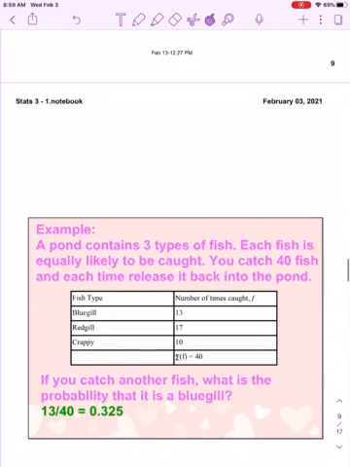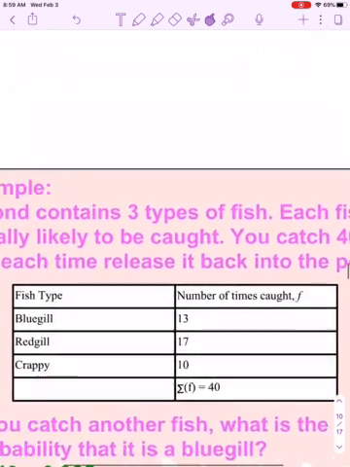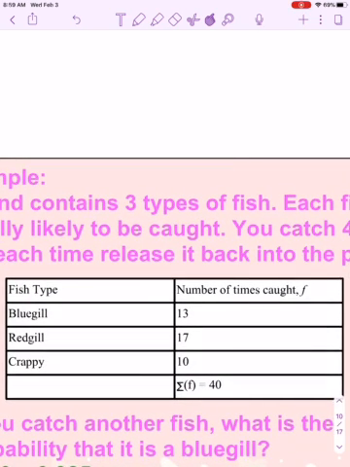So this says that a pond contains 3 types of fish. Every fish is equally likely to be caught, and you catch 40 fish each time and release it back into the pond. So bluegill, redgill, crappie, these are your different fish. So you put your line in the water and you catch a fish 40 times. And you write down what kind of fish it is each time.